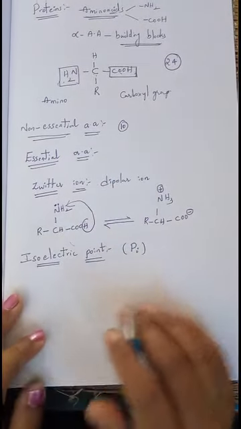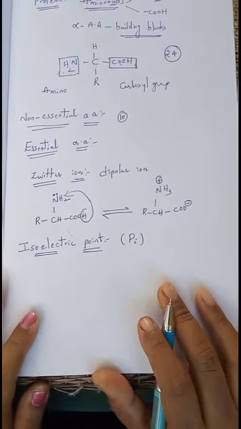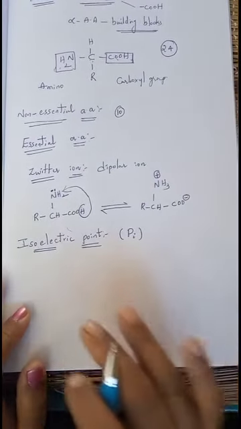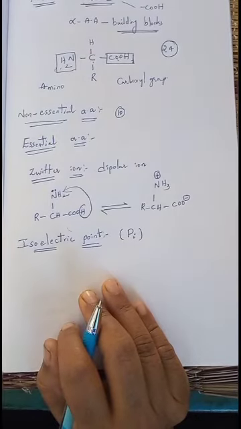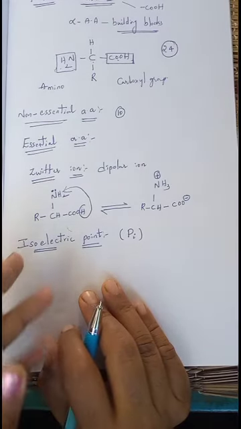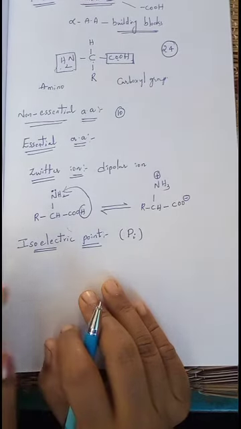That means there is no movement because there is no net charge at that pH. Different amino acids have different isoelectric points; that means from amino acid to amino acid, the isoelectric point changes.